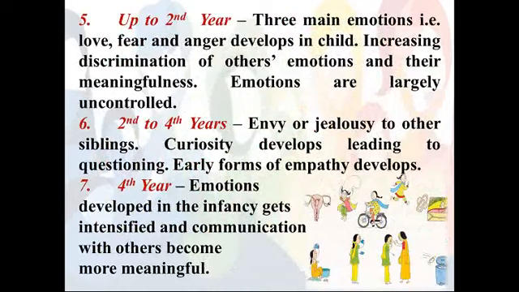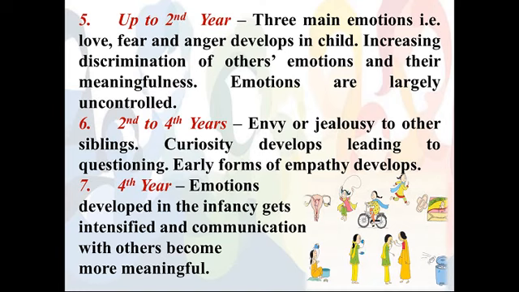Up to the second year, when infancy is at the end and childhood is going to start, or the child is at the threshold of childhood, three main emotions get developed: love, fear and anger. Up to 24 months or 2 years, the child learns to discriminate between others' emotions and their meaning.